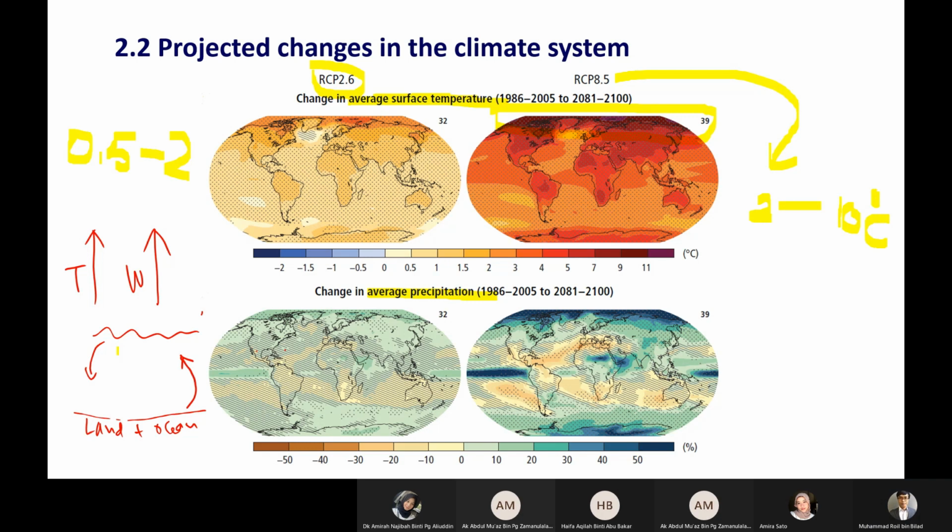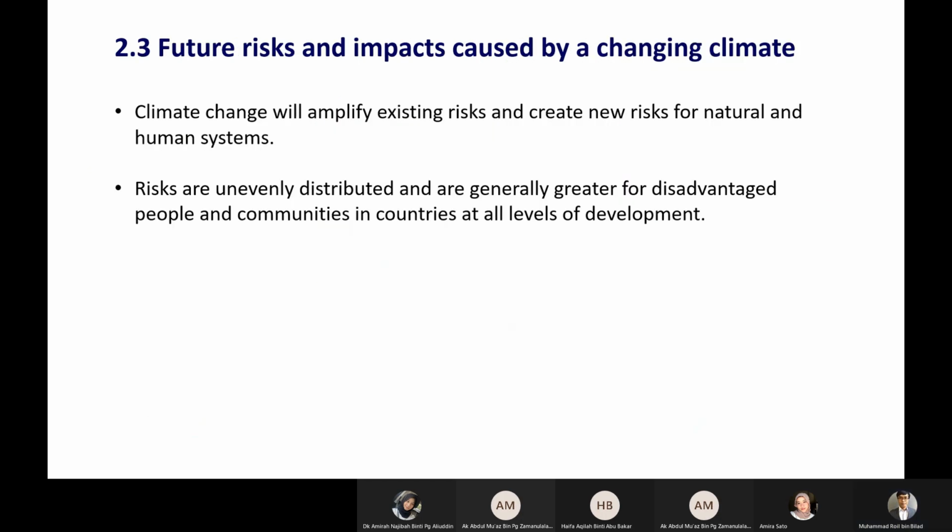But since you base your design on what happened in the past, and you didn't project what would happen in the future, we actually suffer from that kind of approach. So that's the damage from the rising temperature and increase in precipitation.